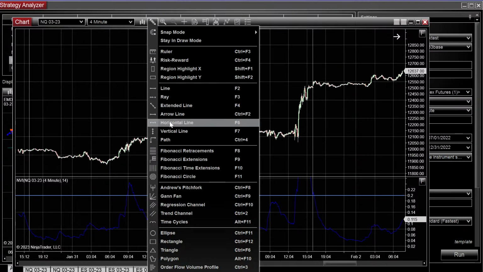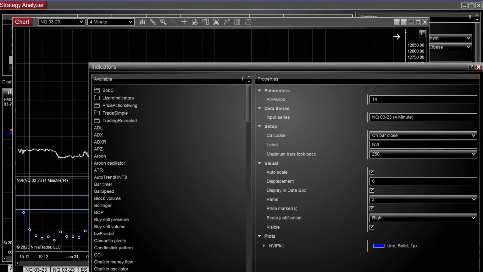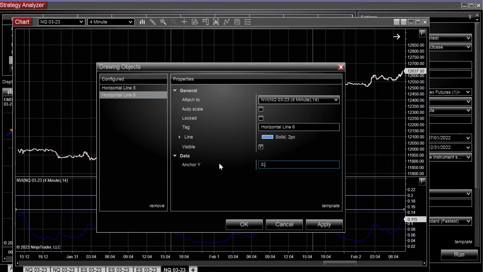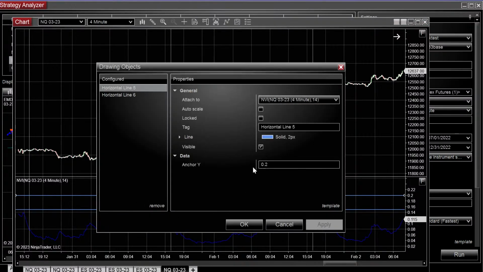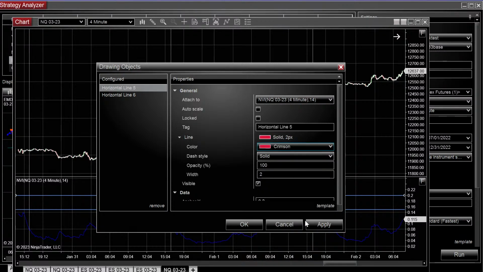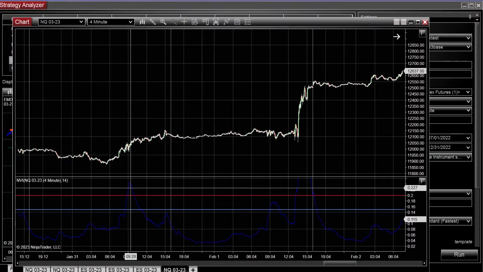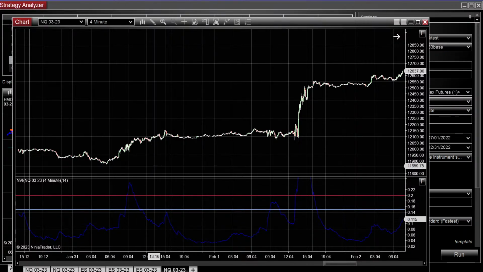We'll add an additional line just at 0.15. Make this line red. So we have really high volatility, then we have this normal high volatility, and anything below it.